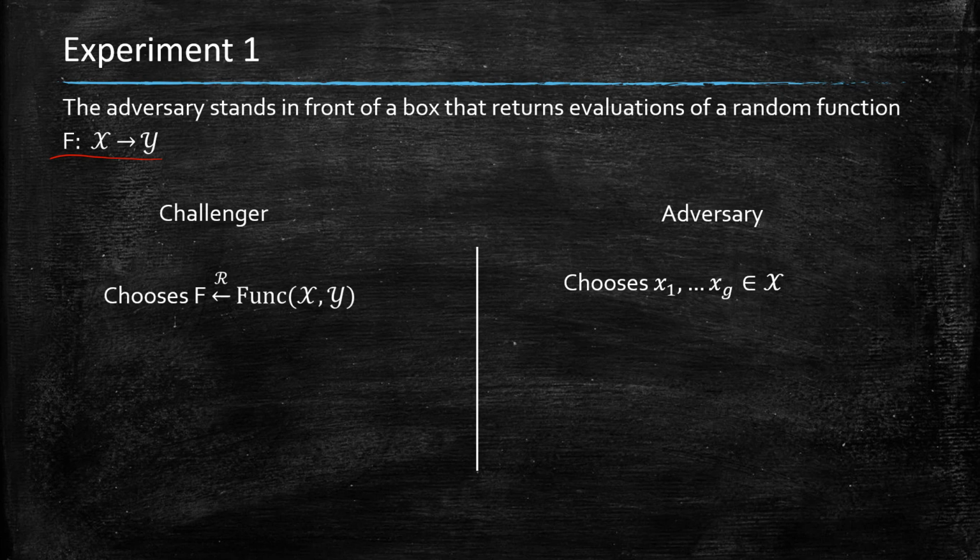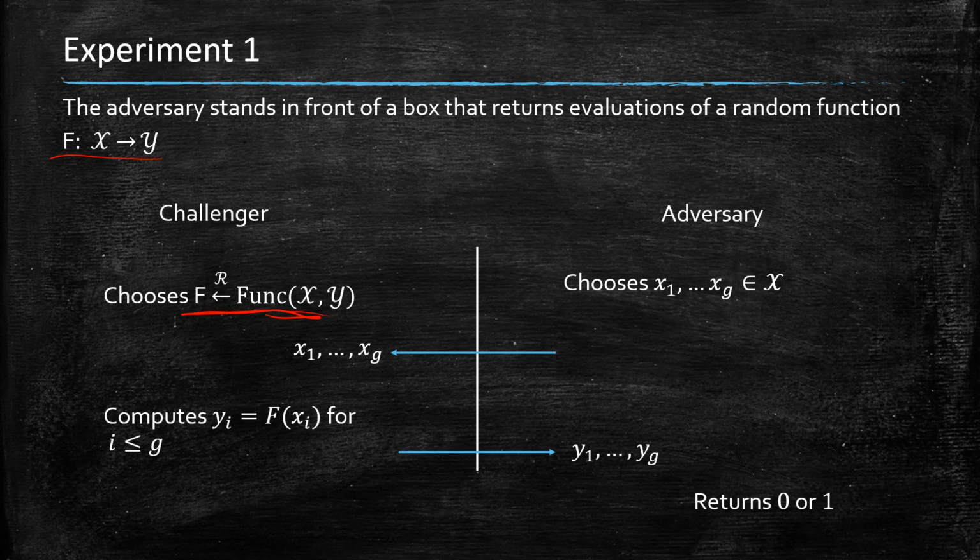The challenger this time chooses a function at random in the space of functions from X to Y, and the adversary requests the evaluation of the xi, which they receive, and upon reception they decide 0 or 1. Again, if it helps, you can think of 0 as saying it is not randomness, and 1 saying it is randomness.